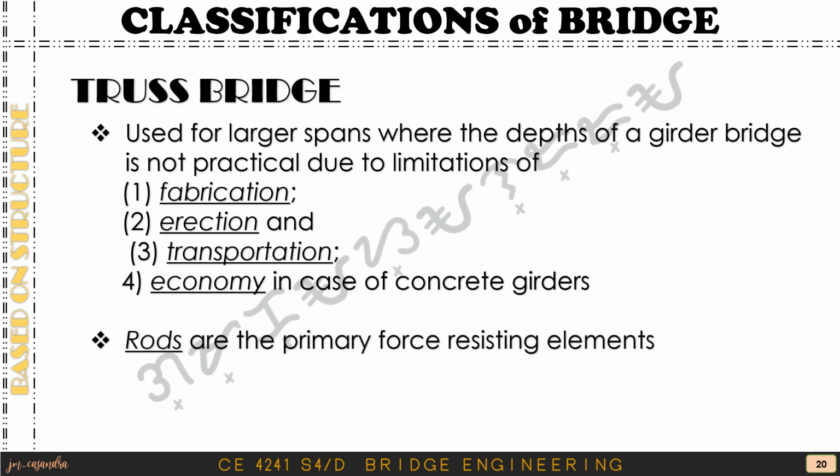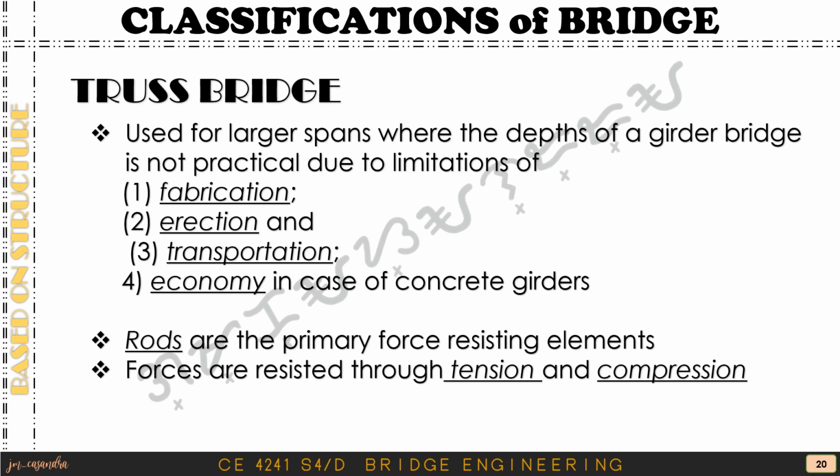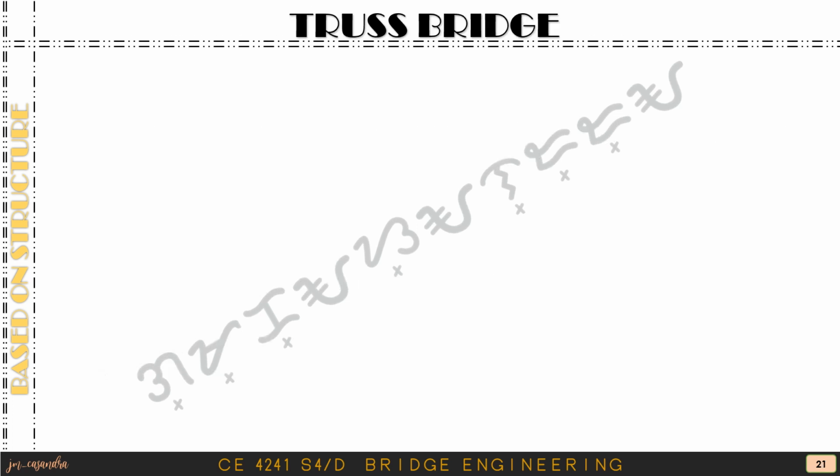The rods or the members would be the primary force-resisting elements. Forces are resisted through tension and compression. You already know from mechanics that for trusses, there will always be tension and compression present in the structure.